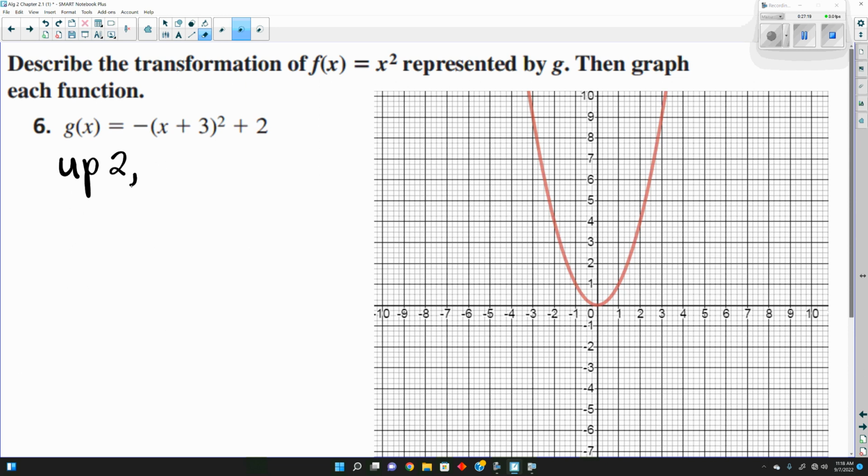Up 2, the +2 on the outside tells us that it's moving up 2. It's exactly what we think. Then where can we go next? We can do the +3, because that's kind of nice. Because we're moving 3 units which way? Left. Since it's +3, opposite would move to the left 3.